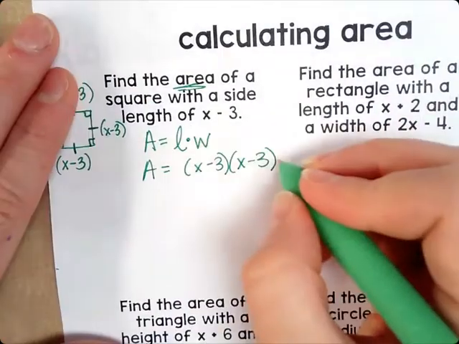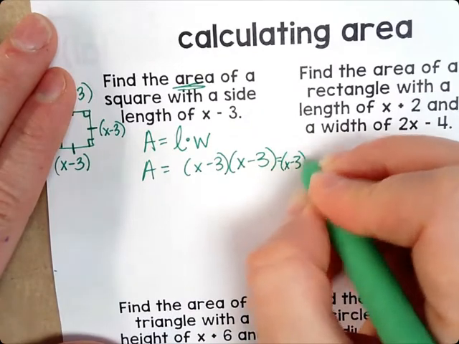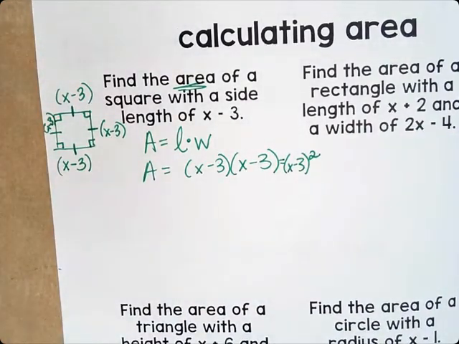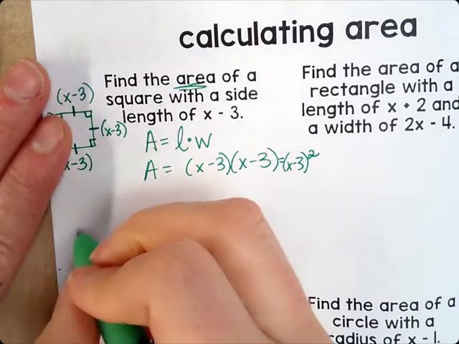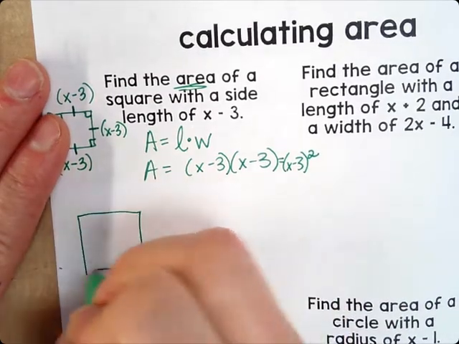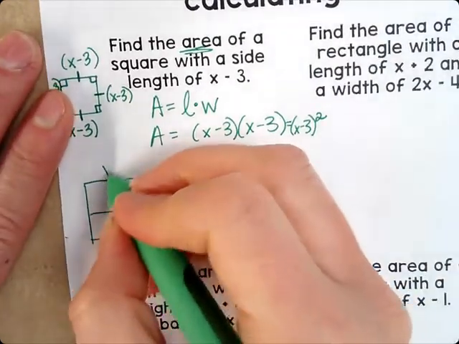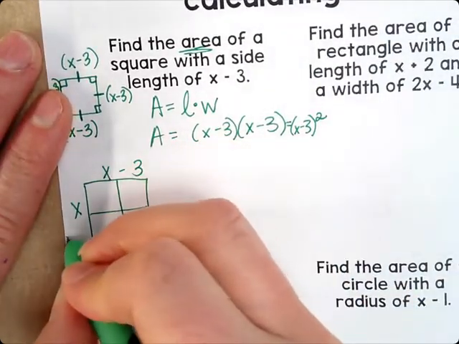Or it could also be written as x minus 3 squared, right? Side squared is actually the area of a square. So we are going to find what this is, simplifying x minus 3 squared. So we'll draw a 2 by 2 box. Do x minus 3, x minus 3.